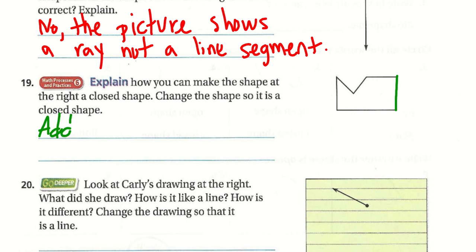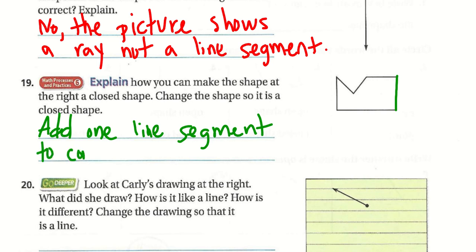Add 1 line segment. Make sure everybody's writing. Add 1 line segment to connect the ends. Okay, so we explained how we could make it closed.